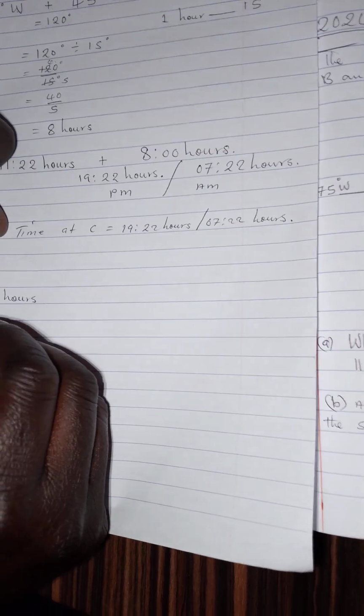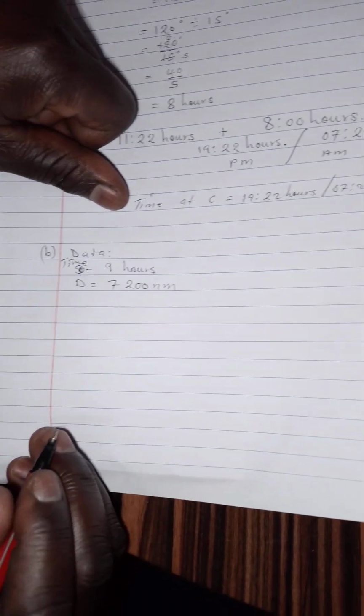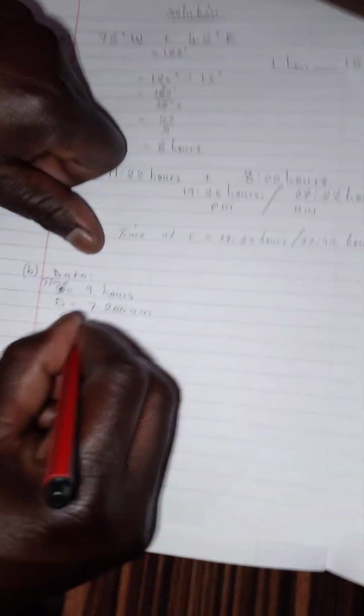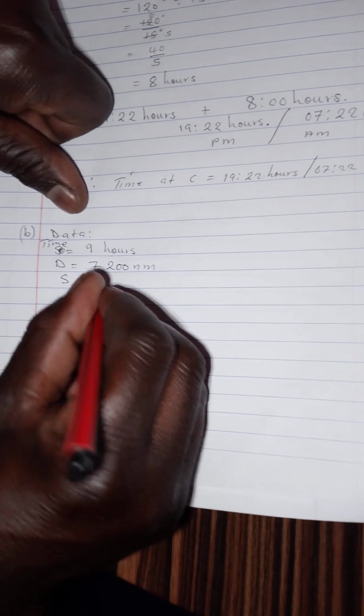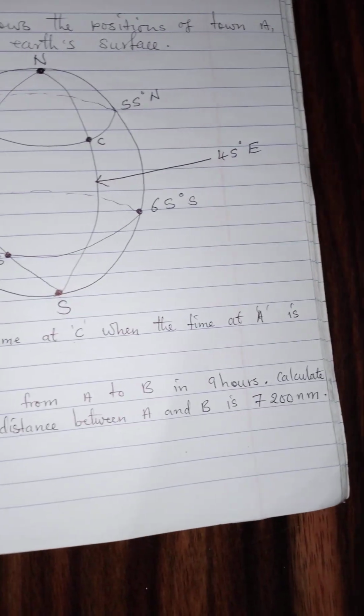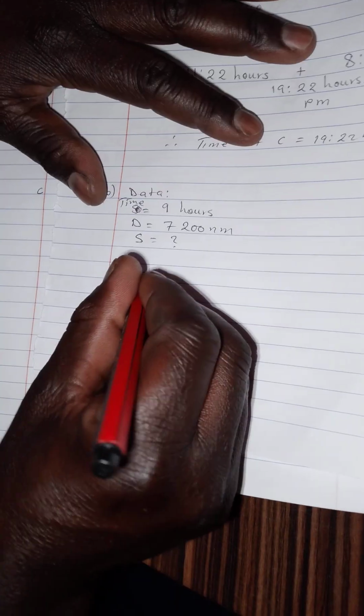Distance is 7,200 nautical miles. M stands for nautical miles. Then what is our speed now? Our speed we don't know. They are asking us to calculate the speed if the distance between A and B is 7,200. So we are going to find the speed. Let's make the formula now.